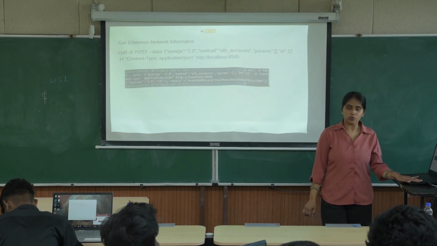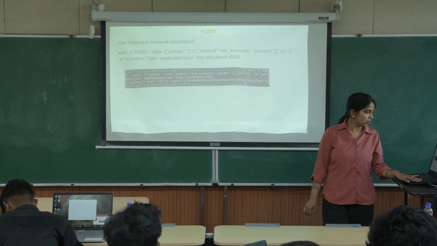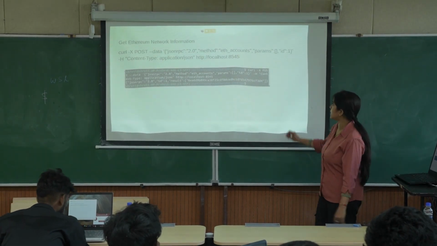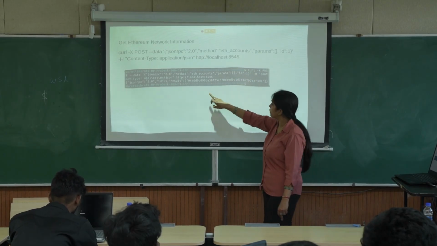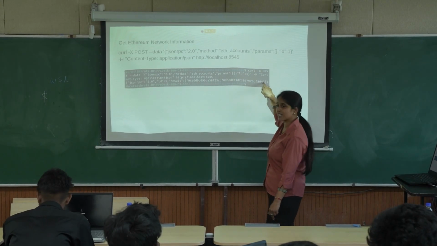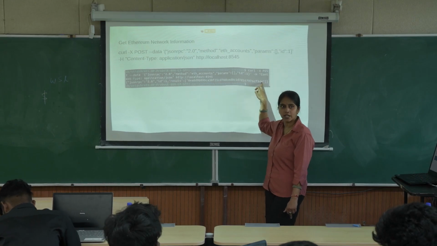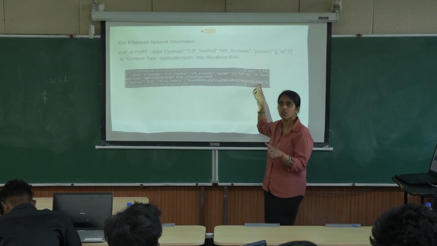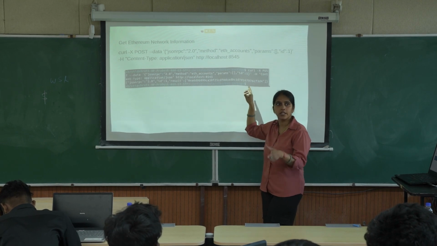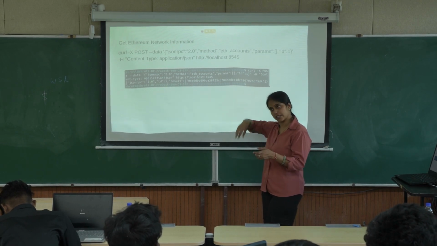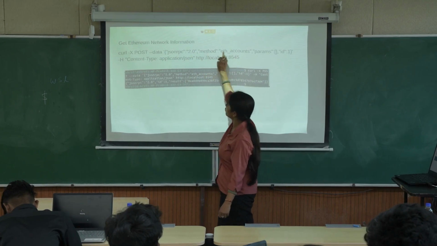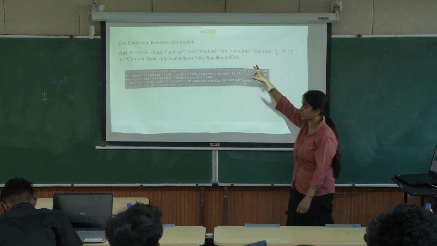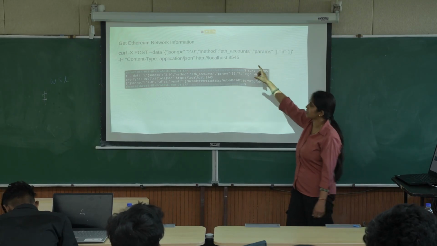Next is the network information. Now, this will provide us the account that it is connected to. Right now, this is our present account number only, because we are having only this one account. We are the only node in the Ethereum on our system. So we will change the method in this command. Whenever we want something to change in the curl command, we will change its method.